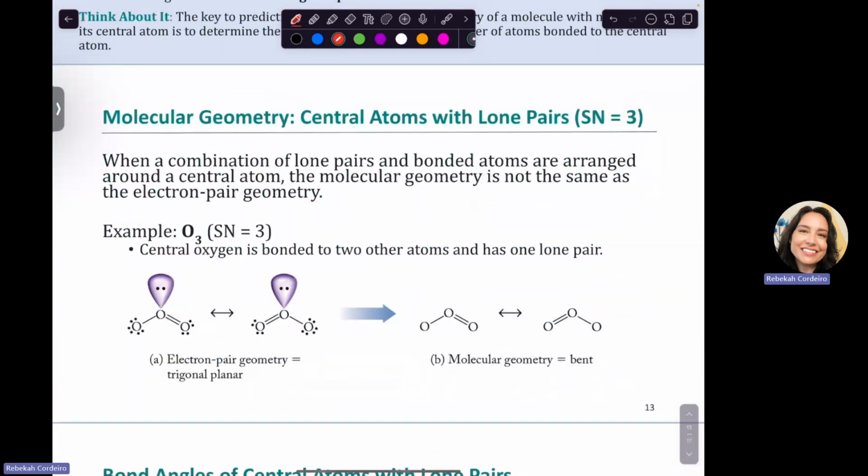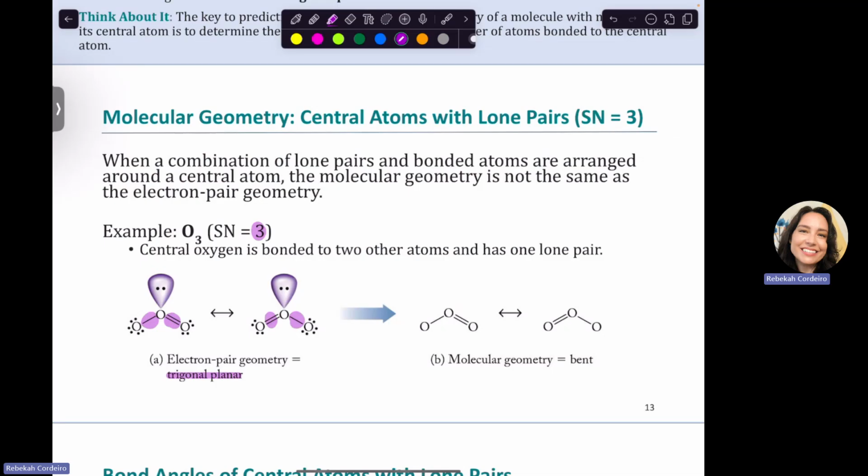Now, if we have lone pairs in the center, which you know we do in some cases, it's going to change our molecular geometry. Electron geometry is going to be the same, depending on the steric number, the SN, which is the number of electron groups around the center. If we look at this ozone, we have 1, 2, 3 electron groups around the center. So that's where we get the SN of 3. That's automatically trigonal planar because it's got an SN of 3.